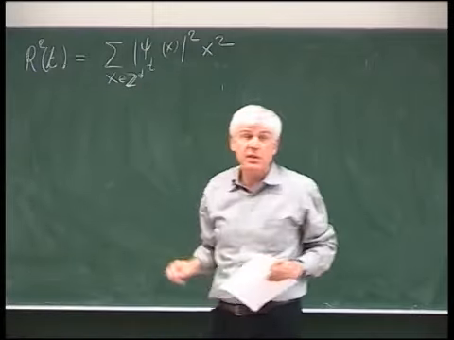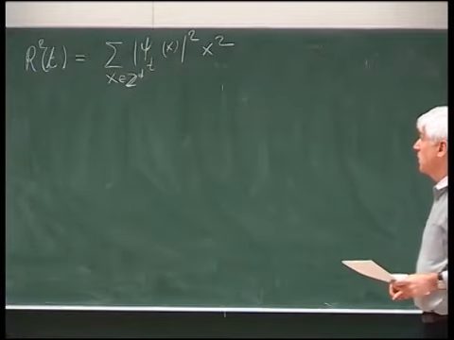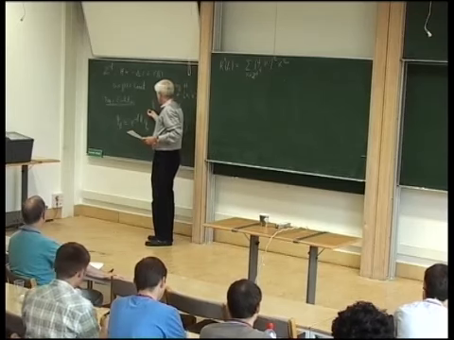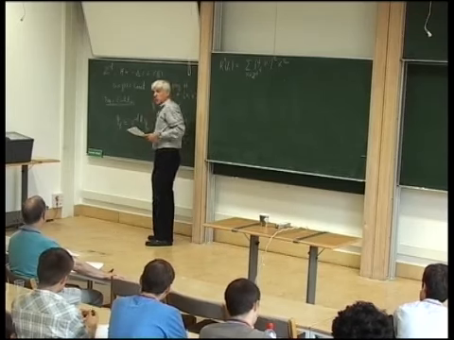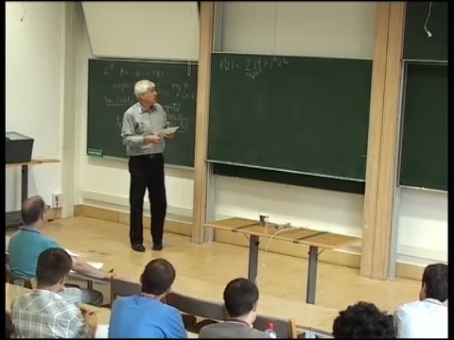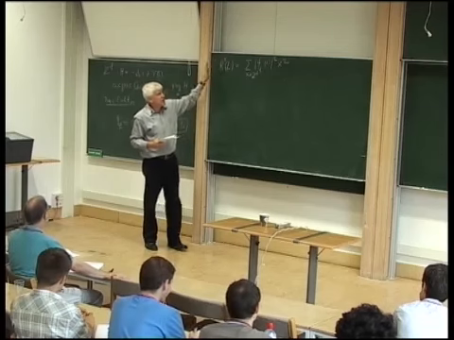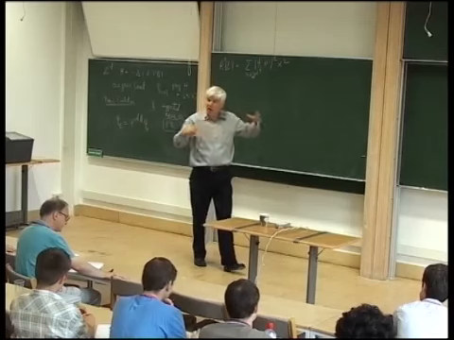So this has the meaning of mean square displacement of a particle which initially has a wave packet supported near the origin, and then it may spread. This may grow, and it's a very intuitive notion of how the wave packet spreads.